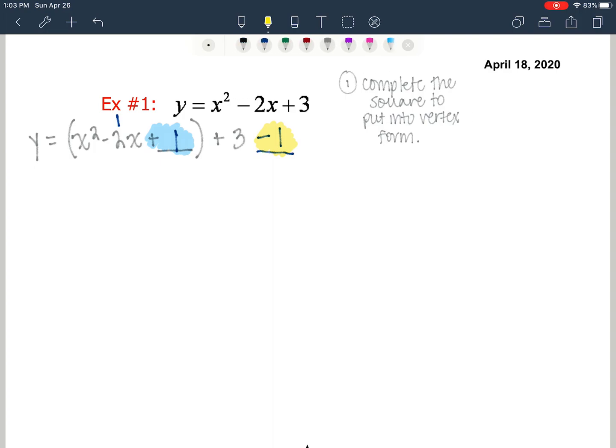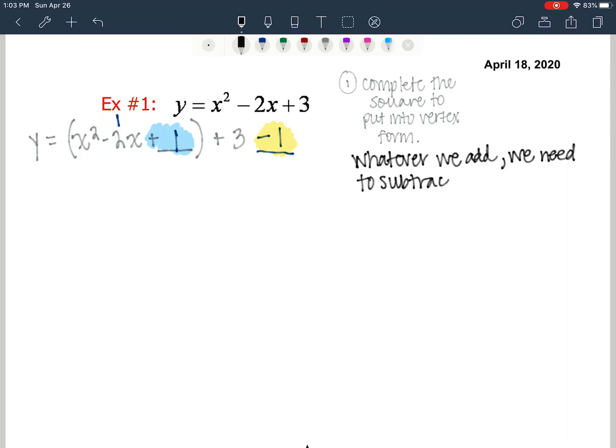So over here, I'm going to write down: whatever we add, we need to subtract on the same side of the equation to zero it out.